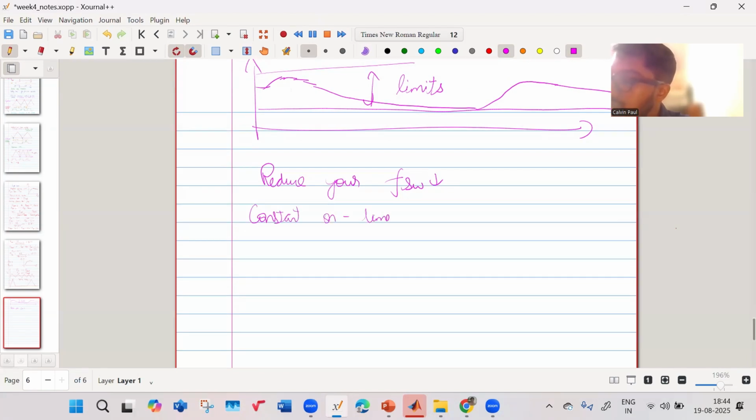This is known as constant on-time control. This is very useful because your switching frequency is proportional to your load current. So if your load current reduces in light load, your switching frequency also will reduce. That is the advantage of constant on-time control. This is one of the reasons why it is used a lot.